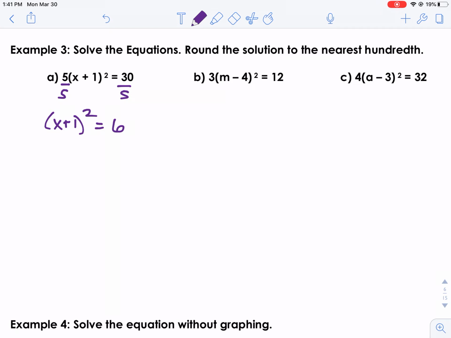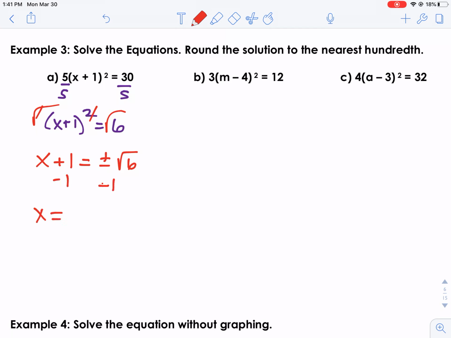Now we need to undo the squaring, so we are going to take the square root of both sides. The square root is going to undo that squared, so that'll leave us with just x plus 1, and then here we would have plus or minus root 6. Again, 6 is not something we have a perfect square root for, so we would just leave it as root 6. We still need to get x by itself, so since we have x plus 1, we're going to subtract 1 from both sides.